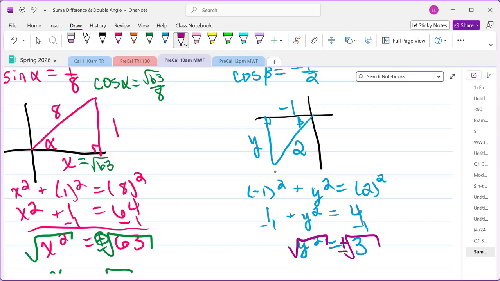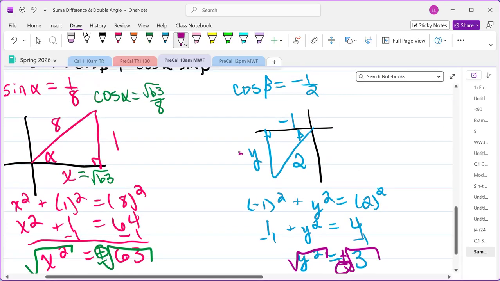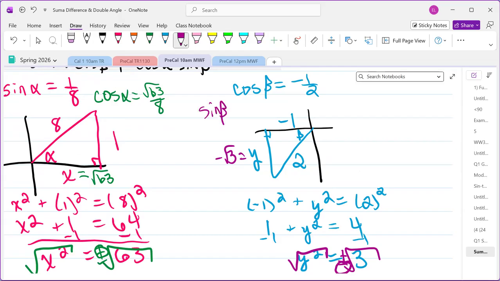So when I look at the triangle, the y side is going down because it's in quadrant 3. So we're going to keep the negative square root. And now that I know that opposite side, I can fill in what the sine of beta is. The sine of beta is negative square root of 3 over 2.